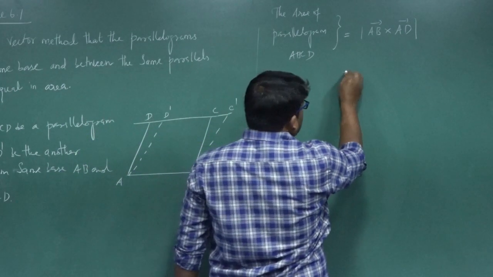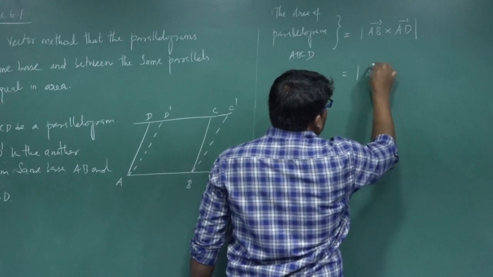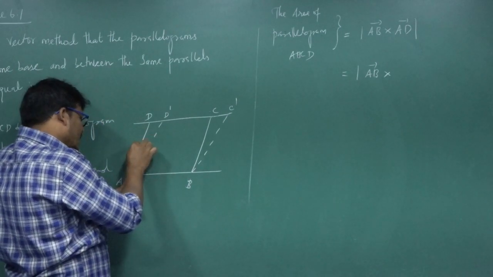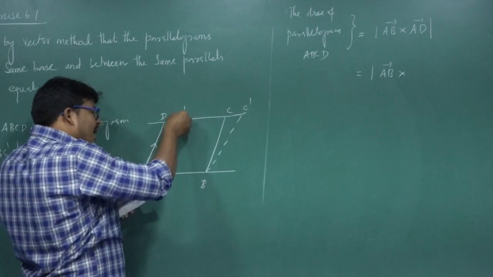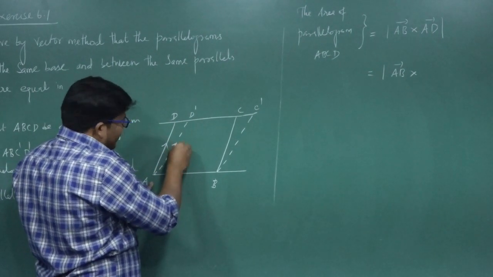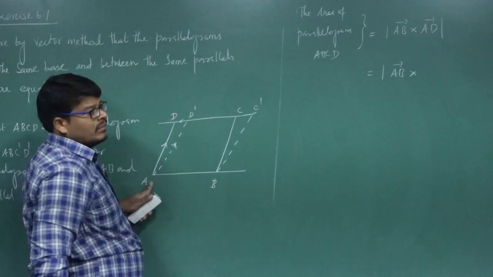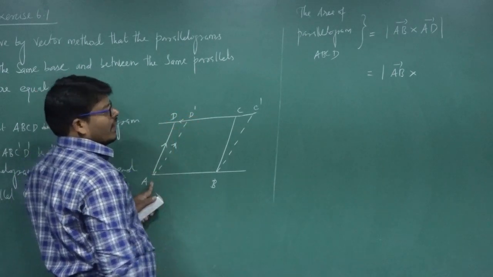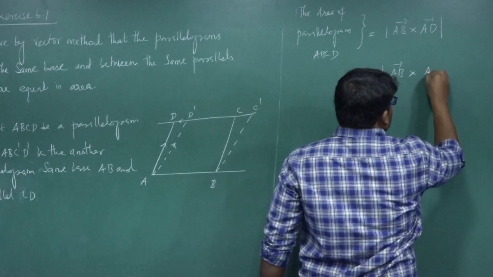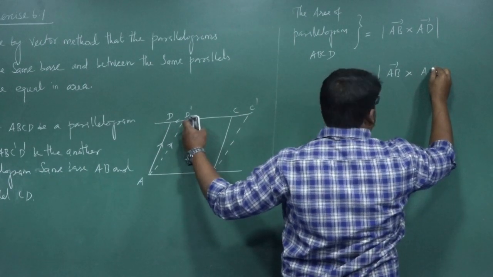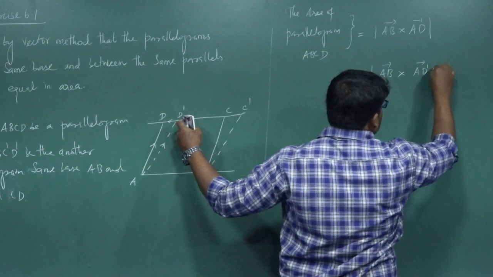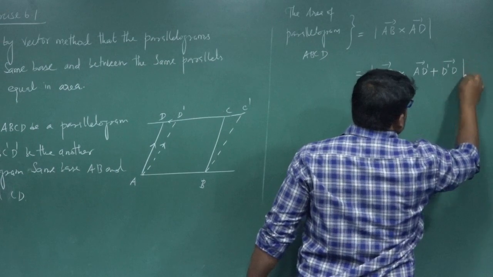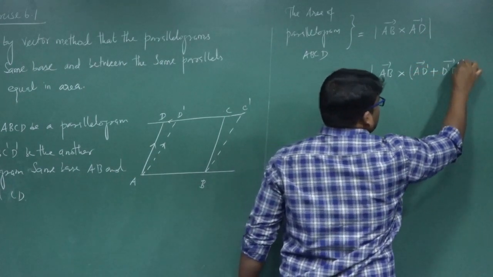Now, with adjacent sides AB and AD, we write the AD vector as AD' vector plus D'D vector.